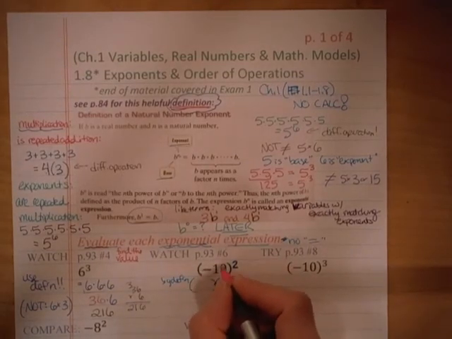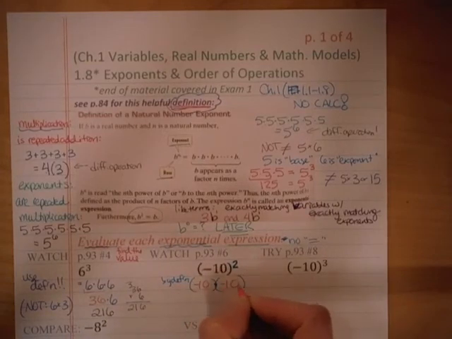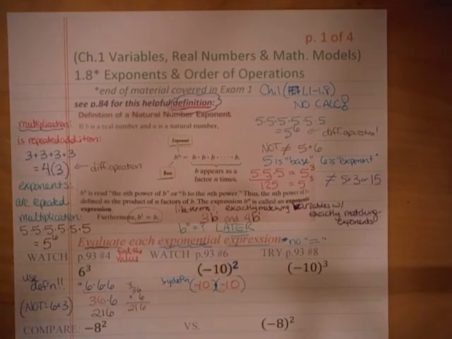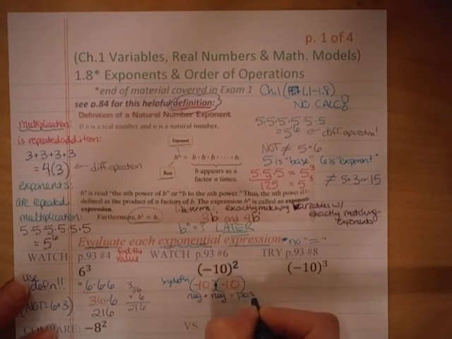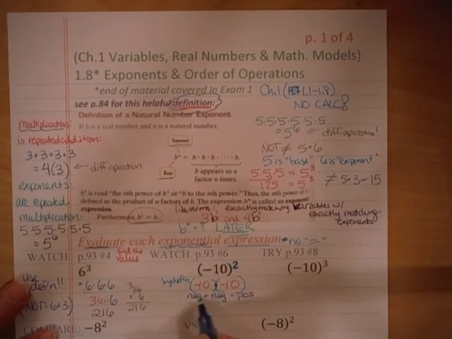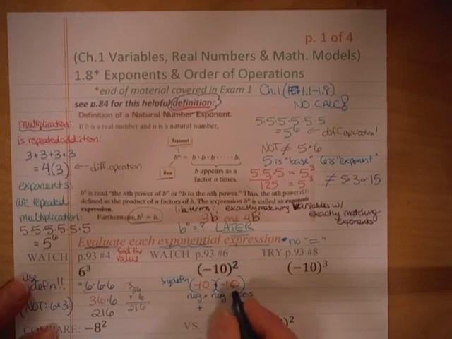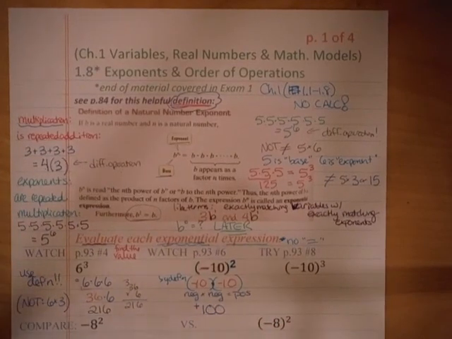Well, what's inside is a negative 10, so I multiply negative 10 times negative 10. I rely on our 1.7 information, which taught us that a negative times a negative is equal to a positive, because they're the same sign, so you're going to get a positive answer here. So that means I'm going to get a positive 10 times 10, which is 100.